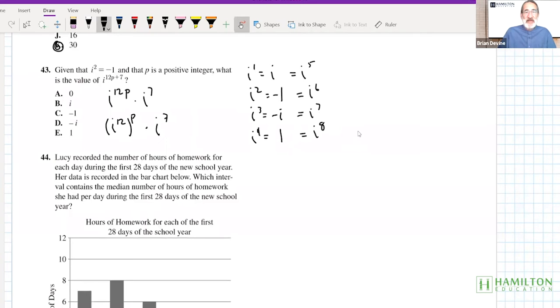The main thing is that we know what i to the 7th is right away. It's going to be -i. We also know that every 4 times we do this process, i to the 12th, i to the 16th, any exponent that can be multiplied by 4 would equal 1. So this equals 1, i to the 12th. And the whole thing would be 1 times -i. So we have -i as our result.